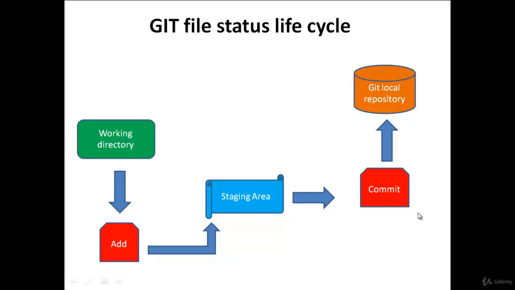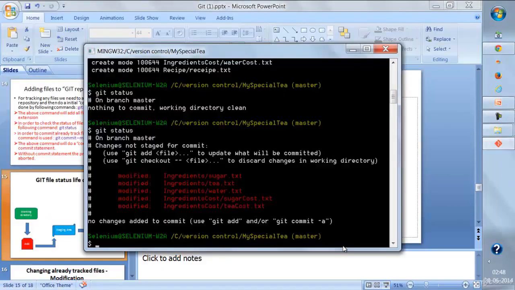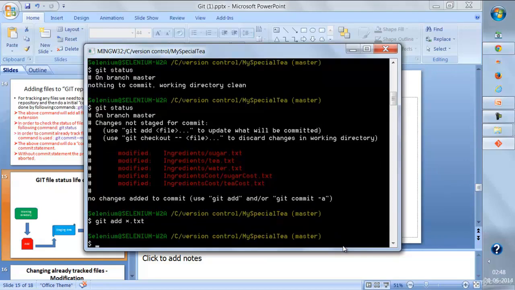Now, when I have made changes to these files which are being tracked, this time again I need to add these files for the next commit, right? So I'll fire the command git add star.txt, right? And let's see if it adds the entire set of files, or only the files in which changes were made. If I press enter, it has not shown any status.